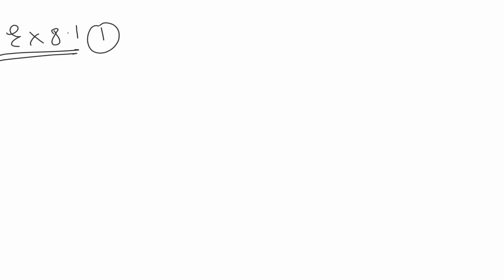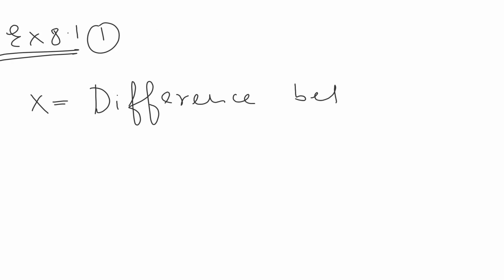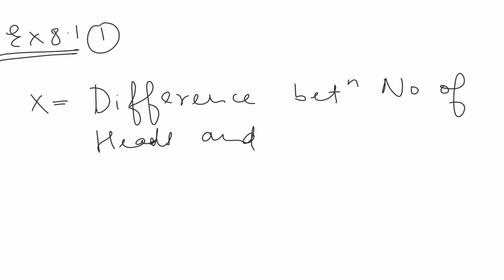First of all, we'll write what is X. X is the difference between the number of heads and number of tails when a coin is tossed 6 times.